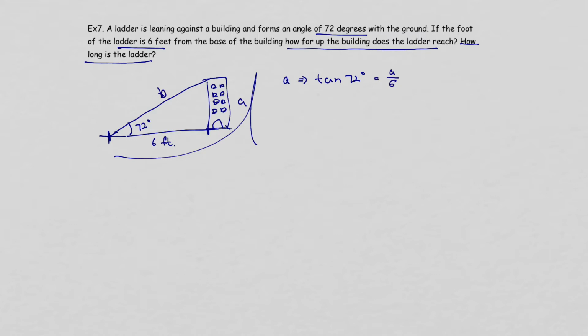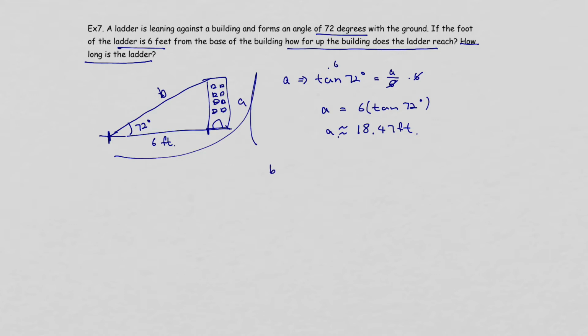To solve for A, multiply both sides by 6. So A is equal to 6 times tangent 72 degrees. You can get tangent 72 degrees from the calculator, and when you multiply that by 6, you get somewhere close to 18.47 feet. So that's the height of the building.